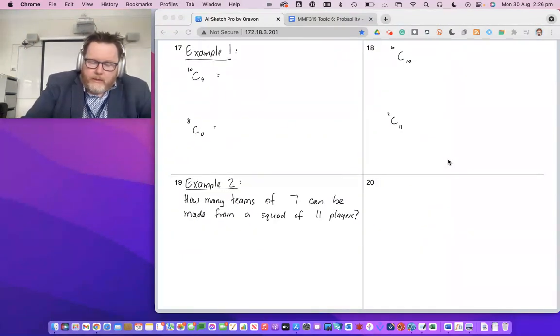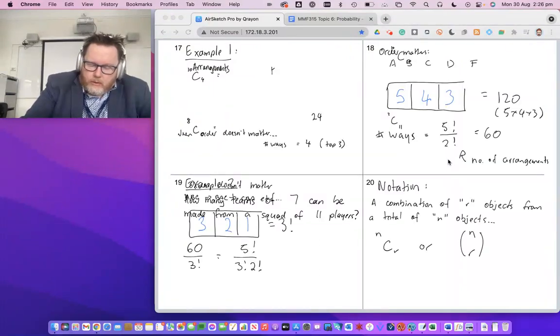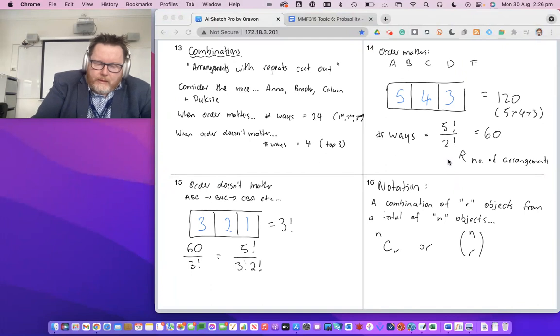Okay, I haven't got the formula here, so I'll put it on this screen as well. So the formula looks like this. nCr is equal to, how does it work out? This top is n. So it's n factorial divided by, what's this?